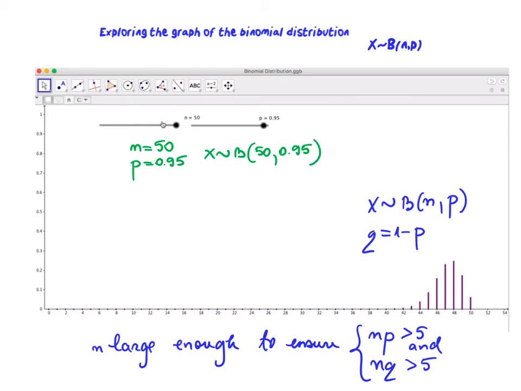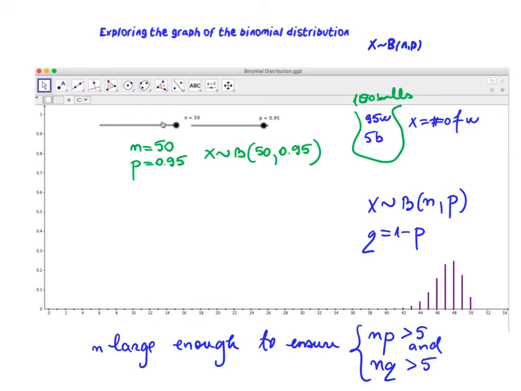If you want, you can think of it as having a bag, and in the bag you have 50 balls or marbles, or let's take 100, it's easier to think of it, and then you have 95 marbles white and 5 marbles black. So X measures the number of white if you have 50 draws with replacement.